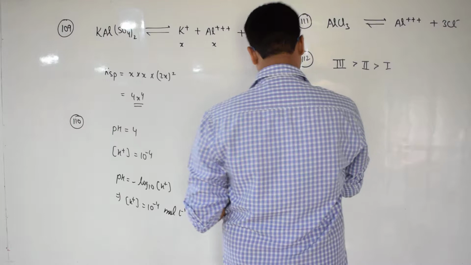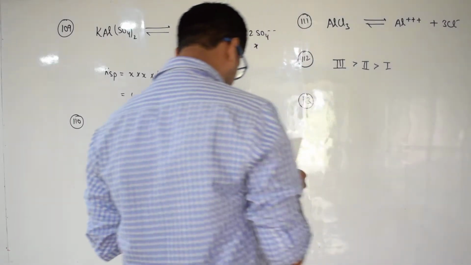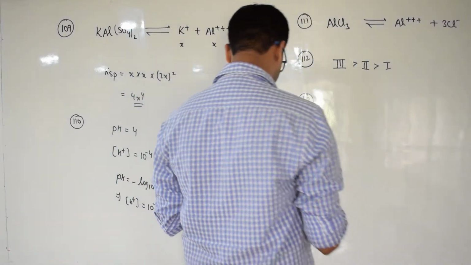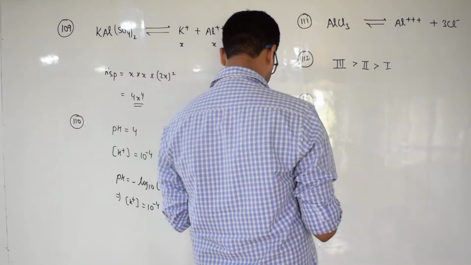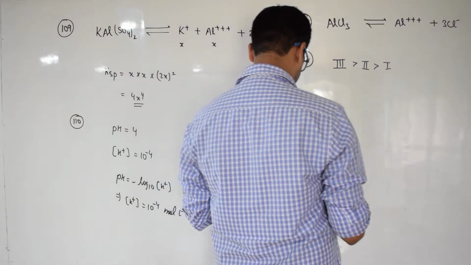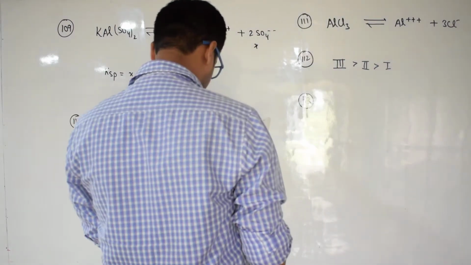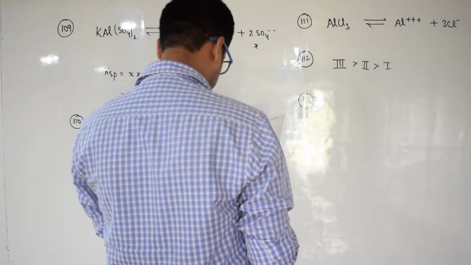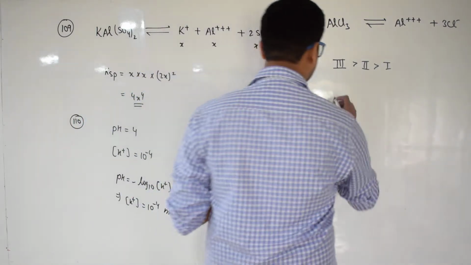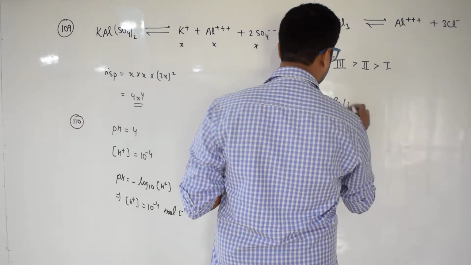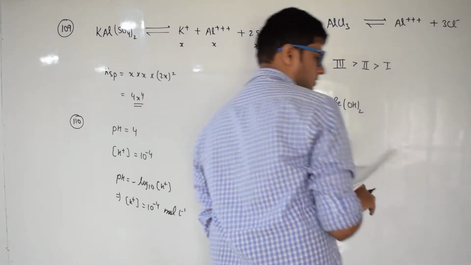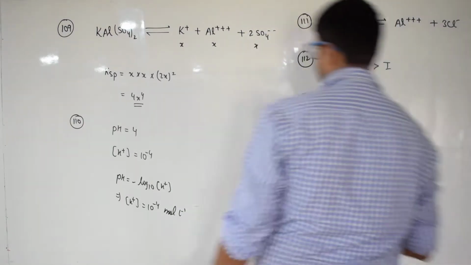Question number 113. Among the following, the one having lowest KSP is BeOH whole twice. So, the lowest working potential.